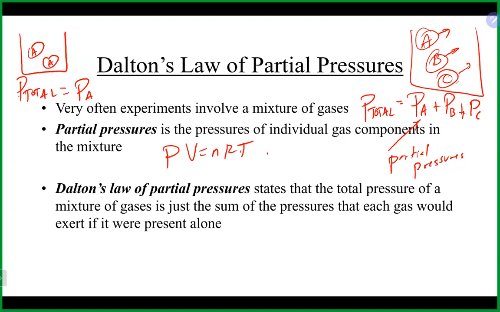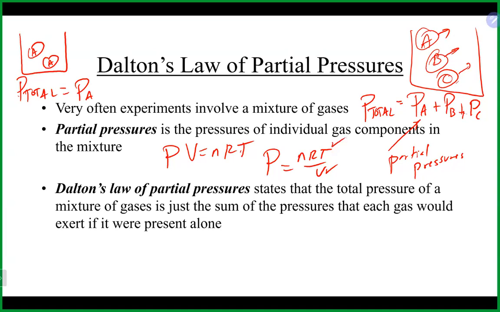All we have to do is solve the ideal gas law for each gas individually, and that will give us the partial pressures. Now, because they are in a mixture together, a couple of things are really nice for most of the values that we see here. The volume for each gas in that mixture will be the same because they're flying around in the same container. So usually this is the same for all the gases.